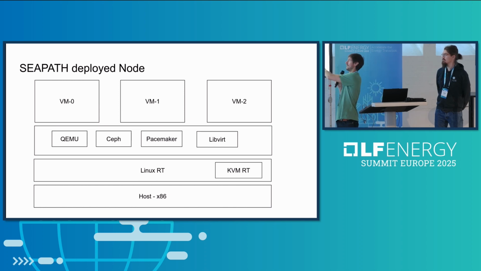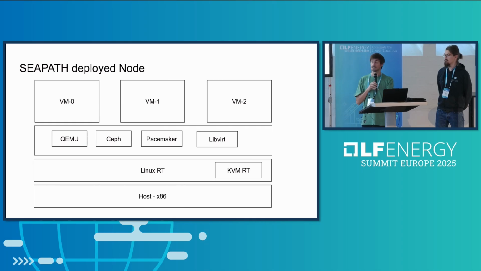We have also a few patches in KVM, which is a hypervisor, to make it real time too. In user space, we have a few packages like QEMU, Ceph, Pacemaker, and another one. This is not exhaustive. There are more packages installed. And then on top of this, we have the virtual machines. But overall, this is what we have after the deployment of what we call SEAPATH.